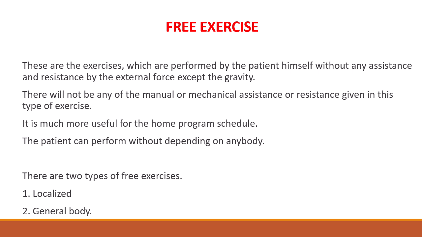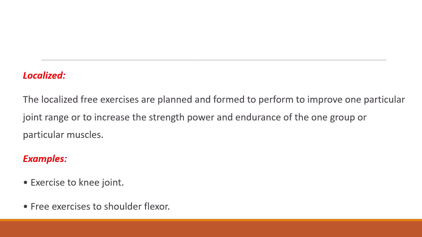There are two types of free exercise. One is localized and the other is general body exercise. First we are going to see the localized. The localized free exercise is performed to improve one particular joint and increase the strength, power and endurance of one group or particular muscle.